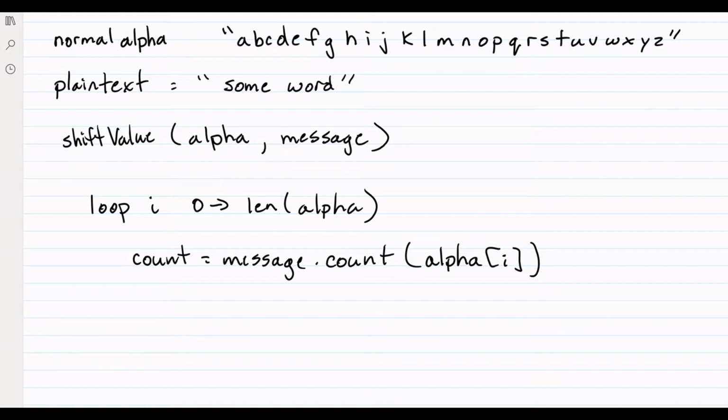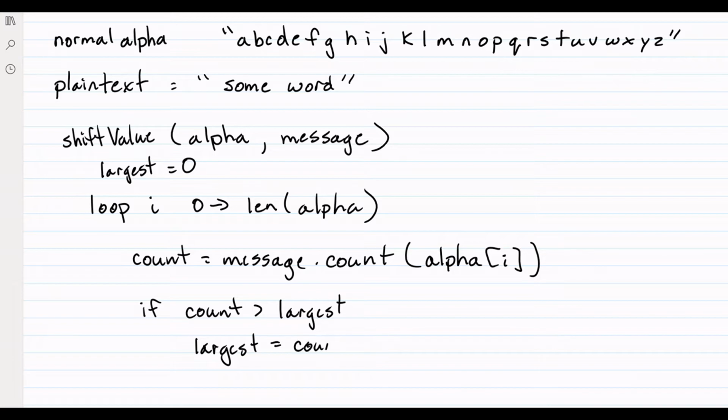So if we had some type of largest variable starting at 0, and then we could say if the count is bigger than the largest, then my new largest is equal to the count. Okay, so we've done that kind of algorithm before. And since it said ties go to the letters later in the alphabet, we should put greater than or equal to. So if there is a tie, it would choose the later letter.